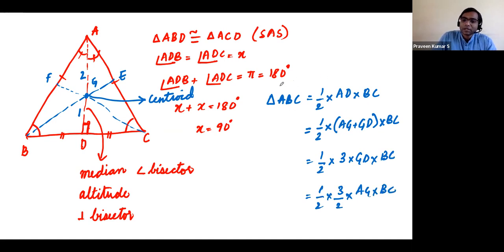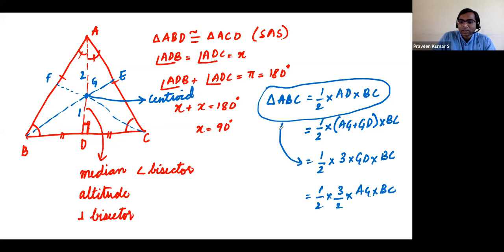So if you observe, the same area formula that we were writing here, AD into BC, can also be written in two different forms, because we now know the dimensions of AG and GD. But remember, this will only happen in the case of an isosceles triangle, because here the median is also working like the altitude.